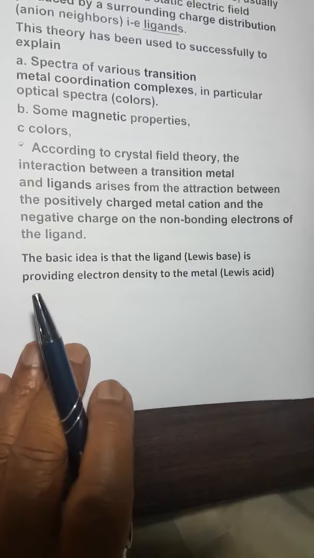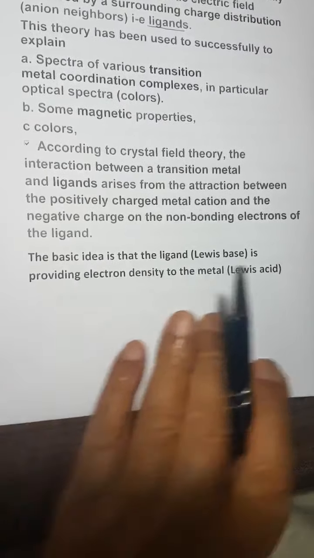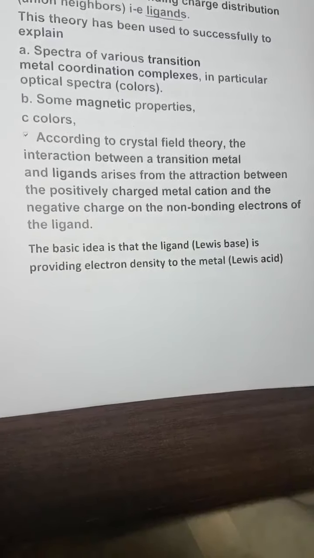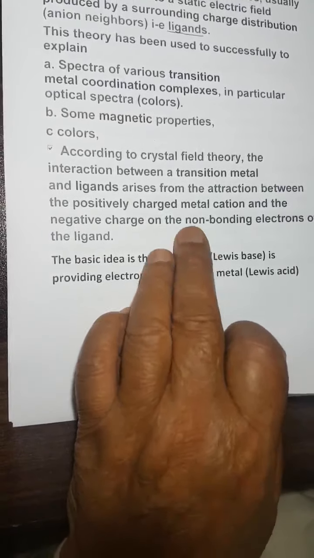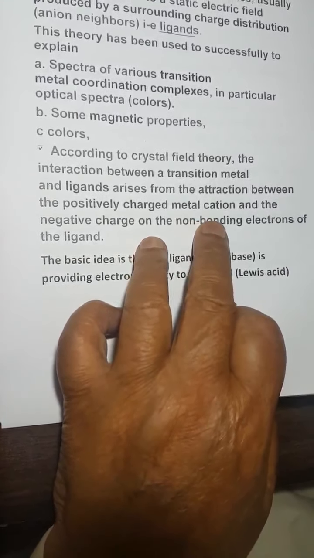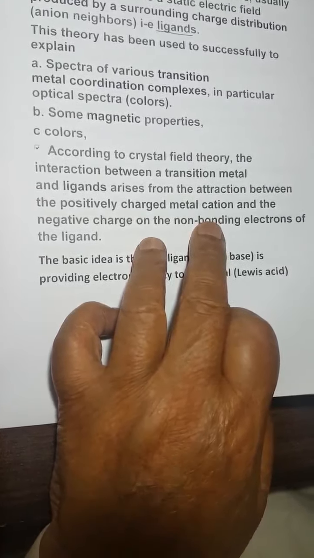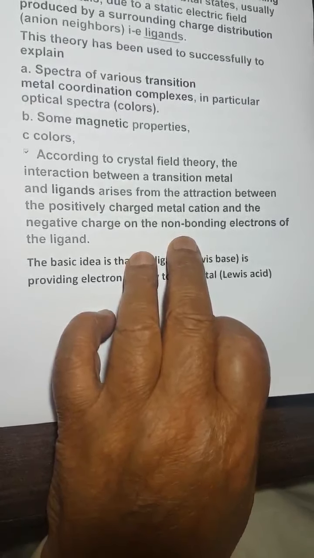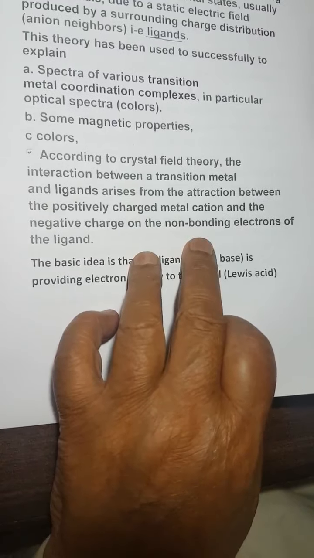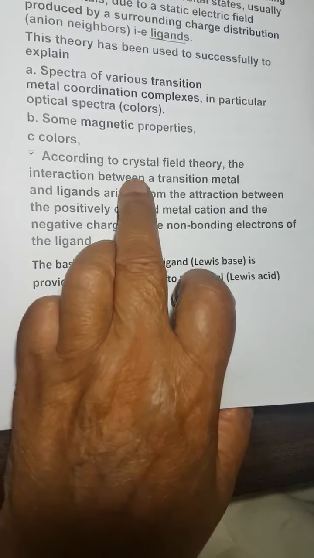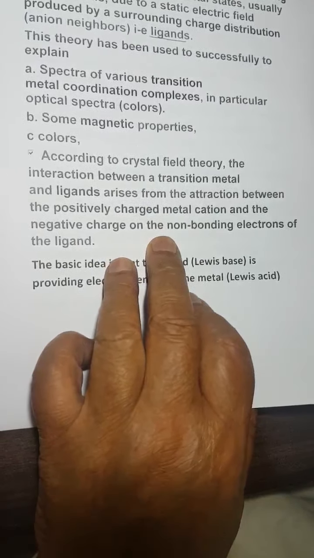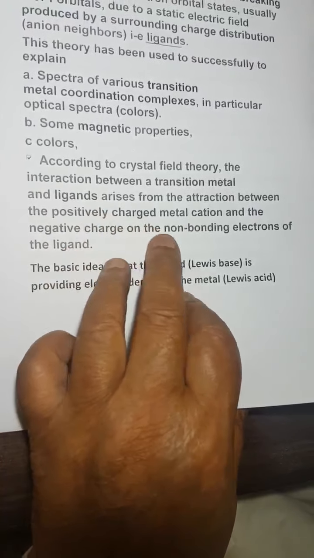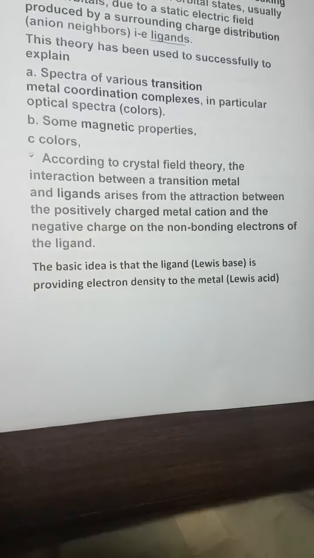According to the crystal field theory, the interaction between the transition metal and ligand arises from an attraction between the positively charged metal cation and negatively charged non-bonding electrons. So it is again purely electrostatic interaction. Metal is positive and ligand is negative, and there is attraction.